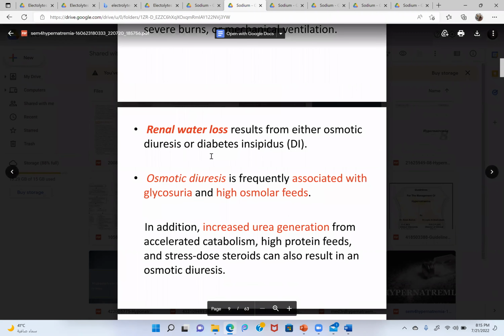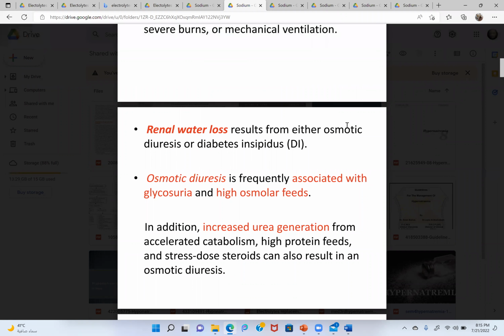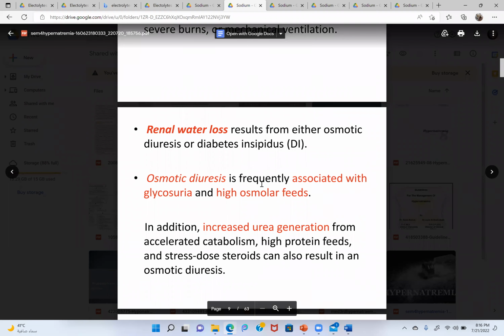Renal water loss will be in the form of osmotic diuresis or diabetes insipidus. Osmotic diuresis occurs in diabetes mellitus, or if we have taken some hyperosmolar substances.